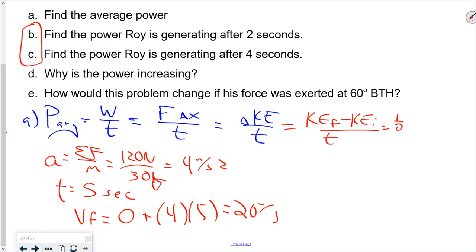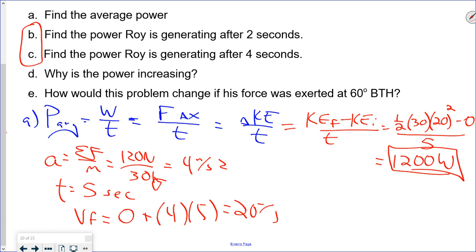KE final is 1/2 times the mass, 30, times the velocity, 20, and don't forget to square it, minus our starting kinetic energy of 0, divided by our time of 5 seconds. Figure this out and you get 1,200 watts. So that's the average power that Roy was generating, 1,200 watts.